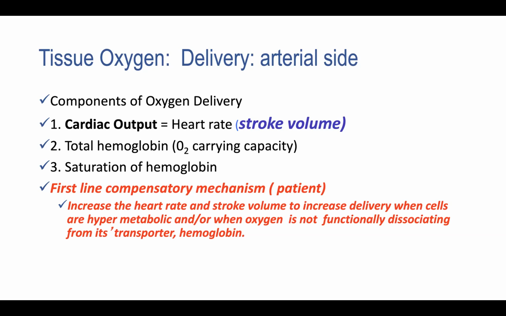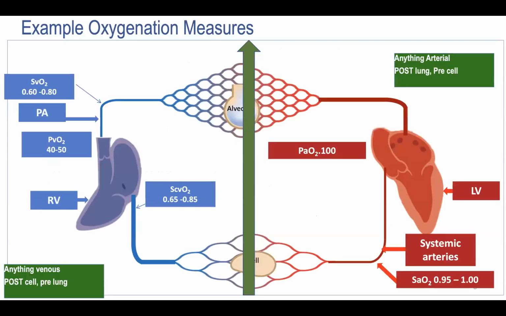That's going to take time. And they may already have some lung dysfunction, so they may not be able to increase their SAT. So patients are relying on you to look at that cardiac output and increase it in order to deliver more oxygen to the cell.